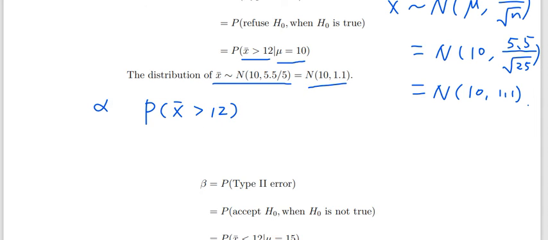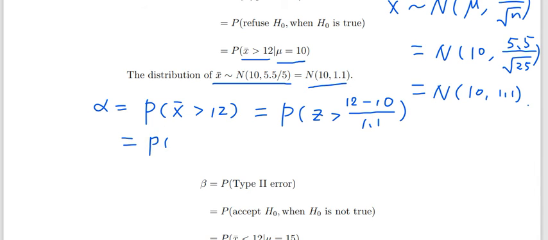This is alpha. We standardize: subtract mu and divide by sigma, so Z is larger than 1.82.